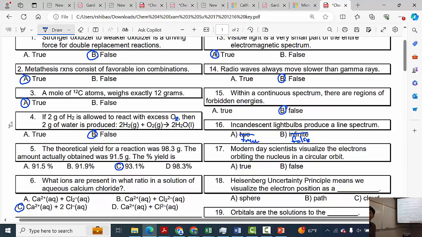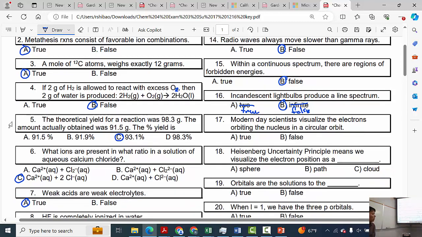When it's glowing white hot, does it emit the full rainbow of colors, or only specific colors? It emits white light. Is white light continuous or quantized? Continuous. So this is false. A line spectrum would be like the hydrogen lamp, which doesn't emit white light.